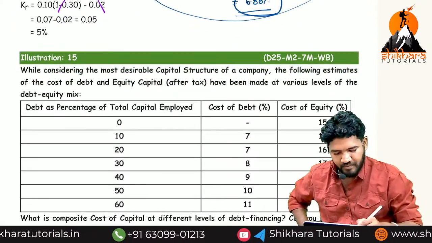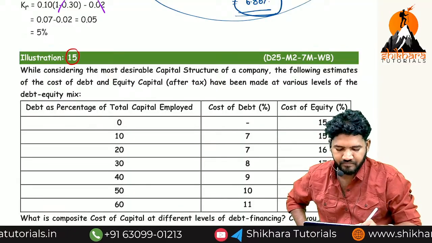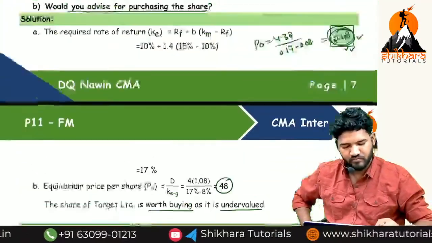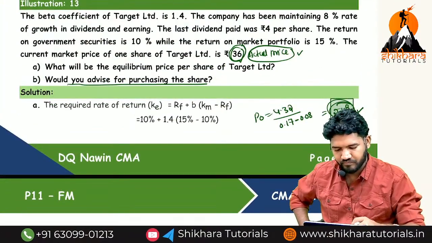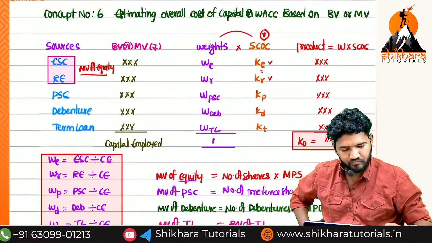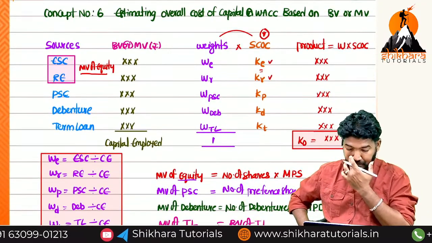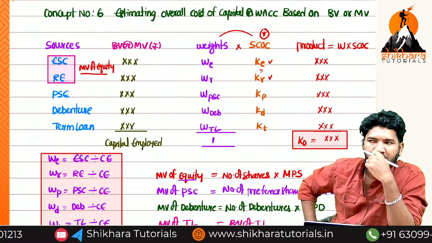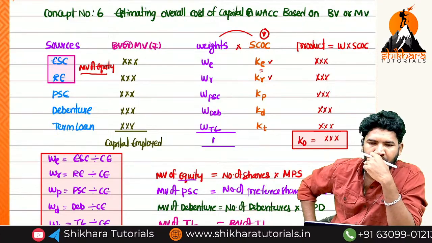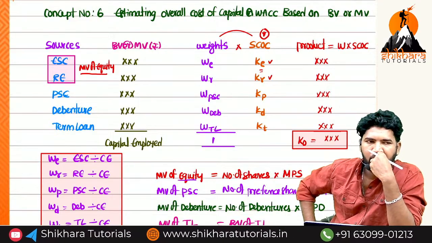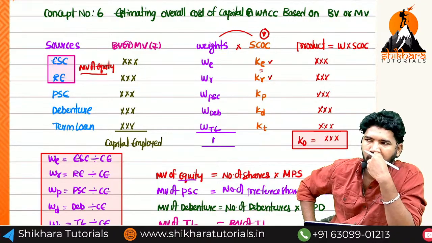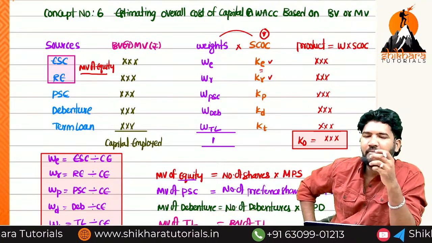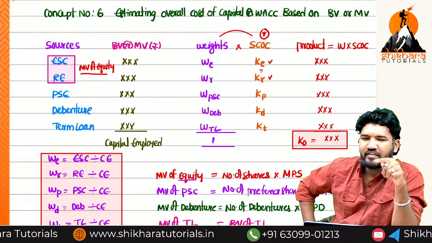Come to illustration number 15, the basic version problem. Now tell me, is this one difficult, the KD calculation?